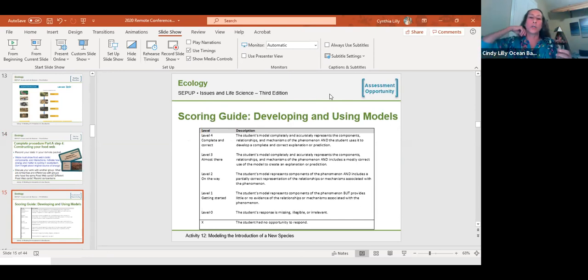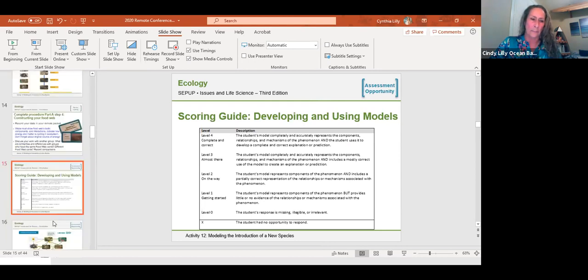They're able to understand what their expectations are, that they're completely and accurately representing the components and relationships and mechanisms of the phenomenon, and they will use this to develop a complete and correct explanation. So at the end of this, they're going to have to do that. So they've got this in the beginning, just so you're aware of that.